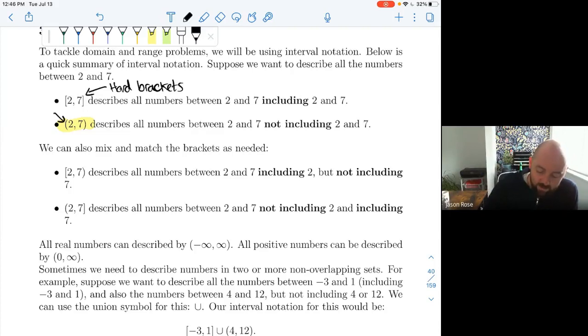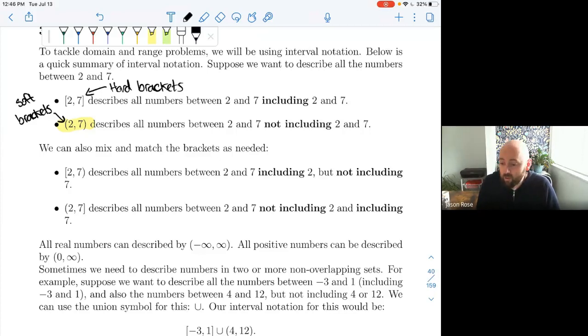These ones here as soft brackets. You'll also see these being called closed interval and open interval as well. So you might hear me call them closed brackets or open brackets as well.